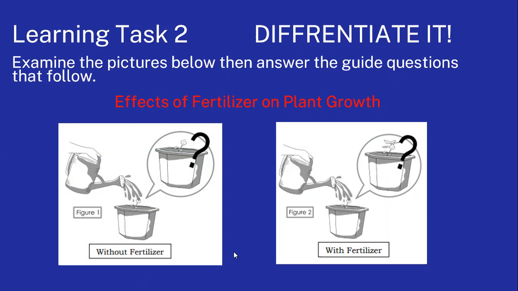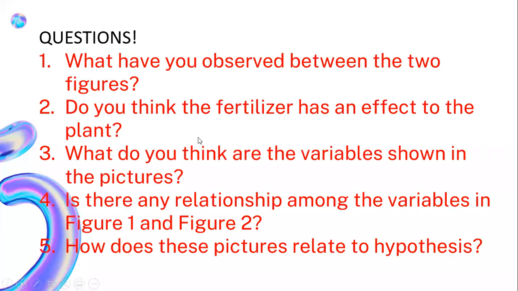So with that, you will try to identify the effects on the plant without fertilizer and with fertilizer. What do you think are the effects? And for you to clearly understand this situation, you need to answer the following questions. You may answer the questions as briefly and as direct as you can.